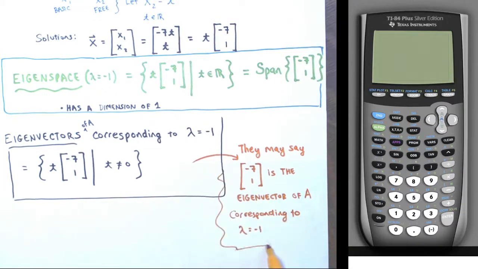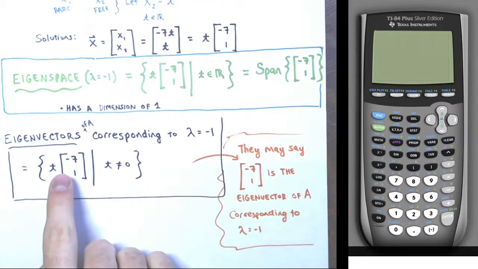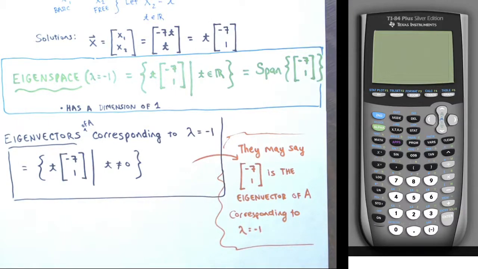They might say that, and you might be asked for just one of them, but just know that when this is said, it's implied, or it should be understood, that not only this one is an eigenvector corresponding to this value, but any scalar multiple of it, as long as it's not the zero vector. Any non-zero multiple of that.